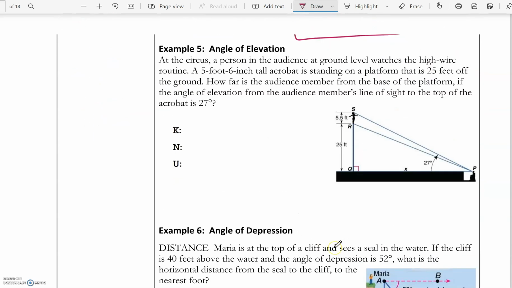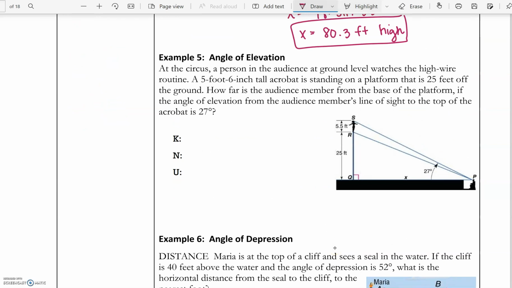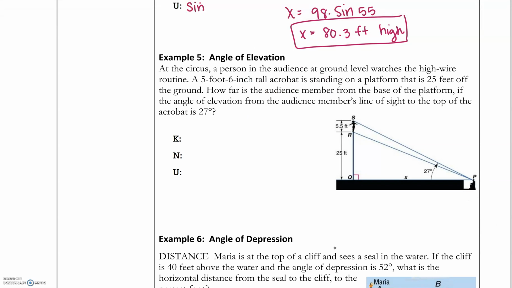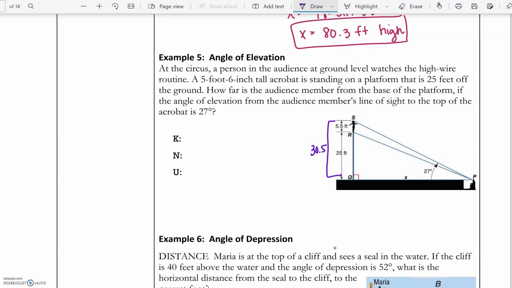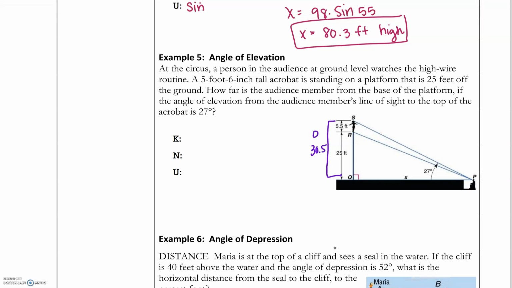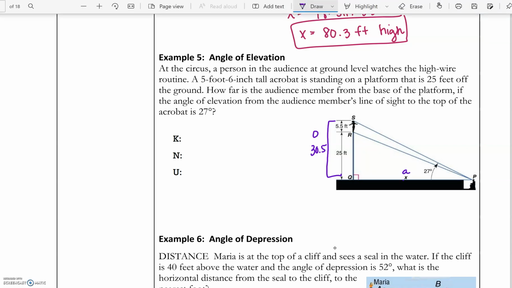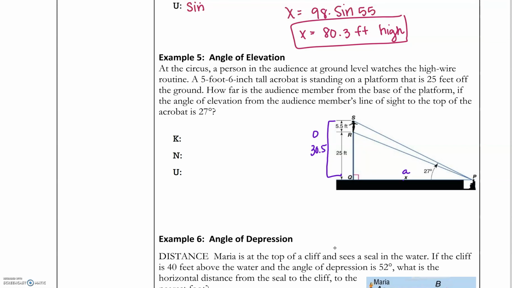All right, so this one, we have our picture again already drawn for us. We have our angle here of 27. Now this 27 goes all the way up here, so we actually have to add together these two, and that is going to give us 30.5 feet for our opposite. And then our adjacent, we don't know, it's the x. So we are needing our adjacent, we know our opposite, which means we're going to be using tangent.